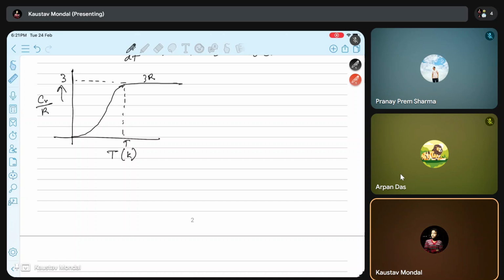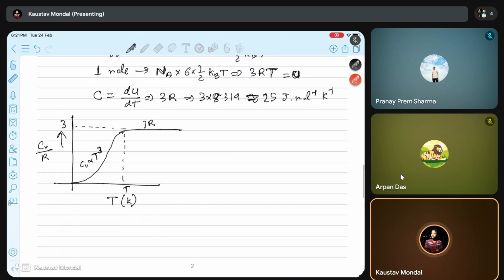But if you decrease the temperature, the CV follows a T cube, T to the power cube type of a plot. So what we have explained with the Dulong-Petit law is only valid in the higher temperature regime.